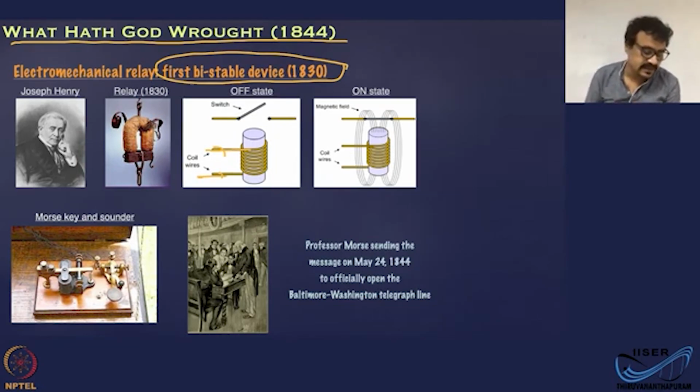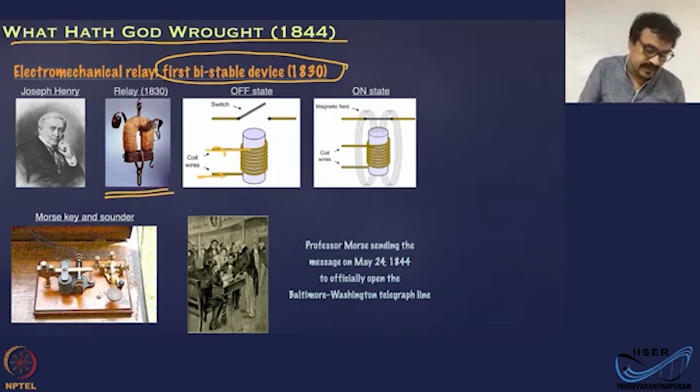This was invented by Joseph Henry in 1830, and this is an actual picture of that device. This is a big macroscopic piece of device with an electromagnet.